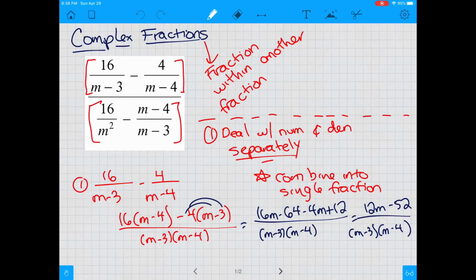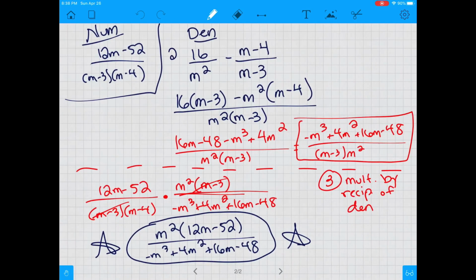I do that with my numerator, then again with my denominator. Then, because at the beginning my overall operation was division, all I do is take my numerator and multiply by the reciprocal of whatever my denominator was. Simplify what I can, cross out what I can, leave what I can't. I hope that was helpful.